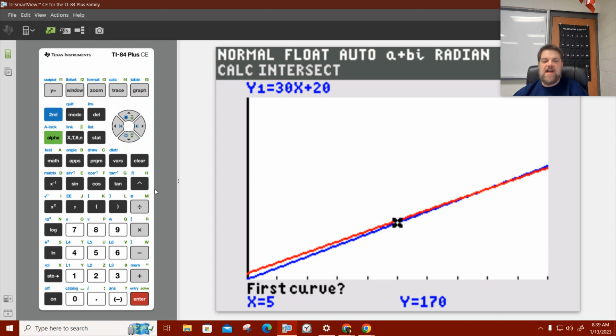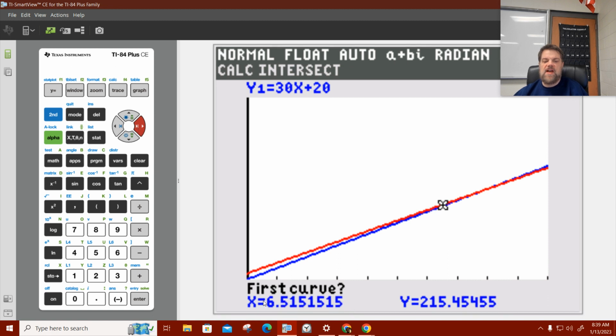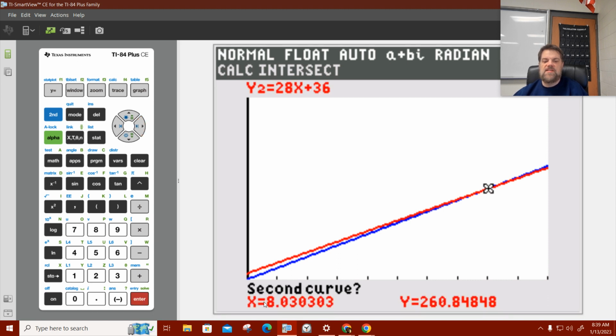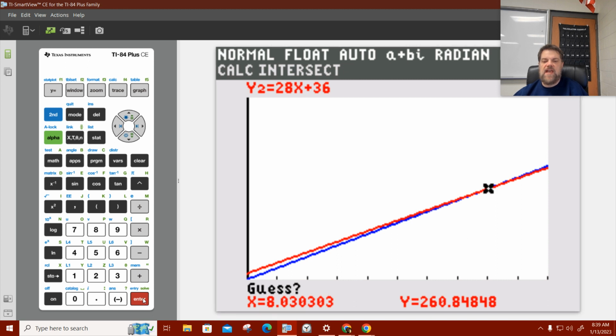So when I do that, I think it's at 8. So I'm going to move this cursor to the right until this number down here gets pretty close to 8. Now, it might not land exactly on 8, but that's close enough. That's the first curve. I'm going to hit it again, the second curve. So what it's doing is marking the first graph and the second graph pretty close to 8.